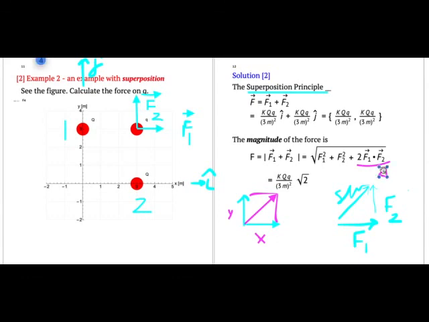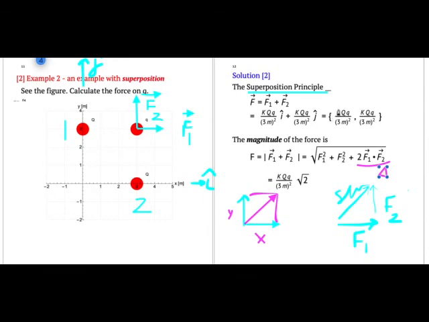So it's really just the square root of F1 squared plus F2 squared, which again you can see a little easier by just looking at this picture. Look at this little right triangle. This adjacent side has length F1. This adjacent side has length F2. The hypotenuse is the square root of F1 squared plus F2 squared.